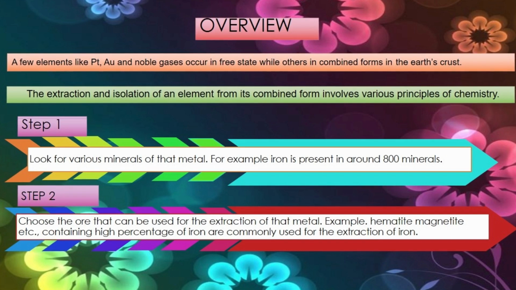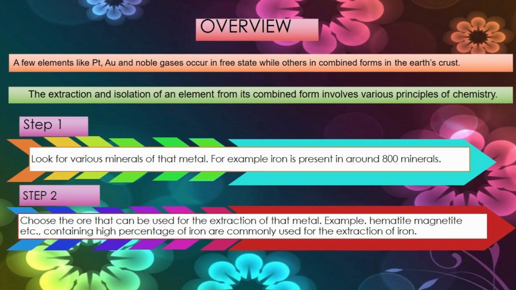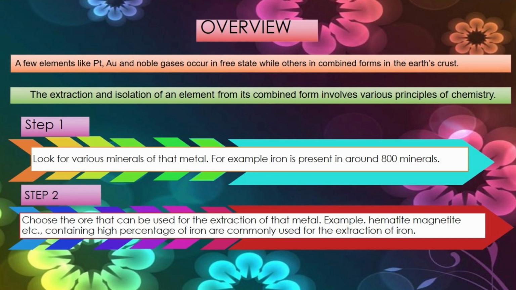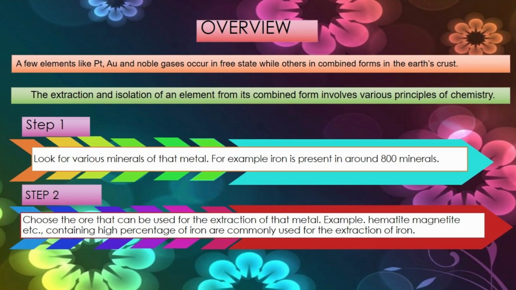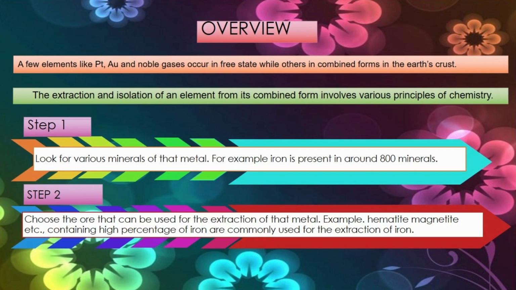First step: you have to find out in what forms that element is available in the earth crust. That is, you have to list out the various minerals of that metal. For example, iron is available in the earth crust in around 800 minerals. Second step: you have to find out from which mineral that metal can be profitably and conveniently extracted. That is, you find out which ore will be suitable for the extraction of that element.